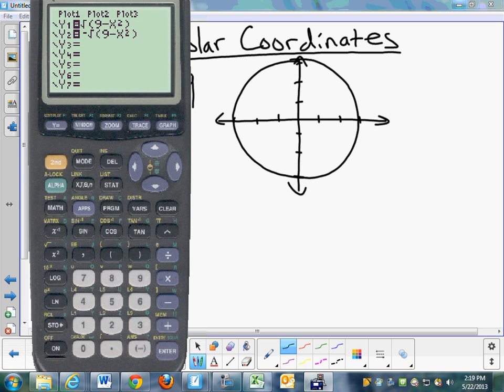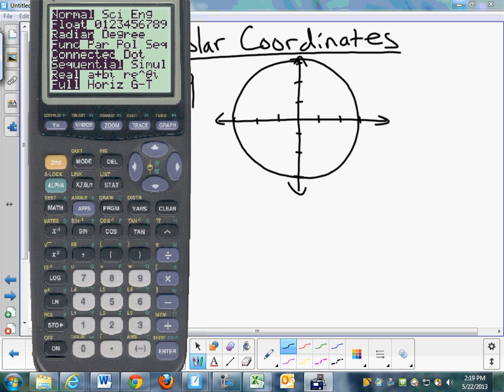And polar form, if you go mode, okay, and make sure you're working in radians. And then if you look down here, I have some different buttons. Okay, I have function, I have parametric, polar, and sequential.